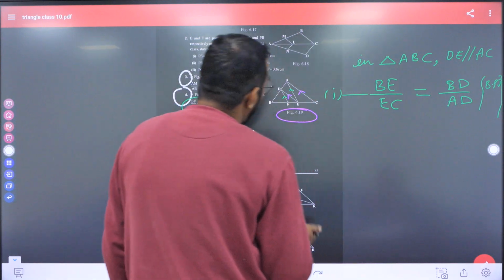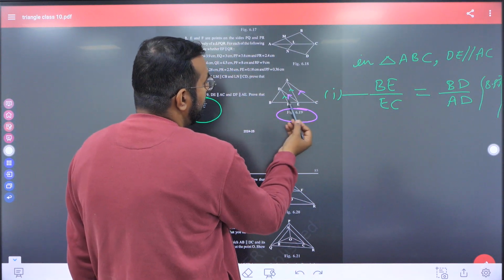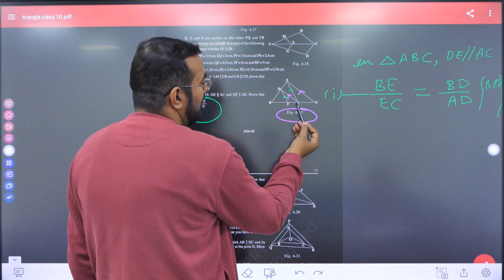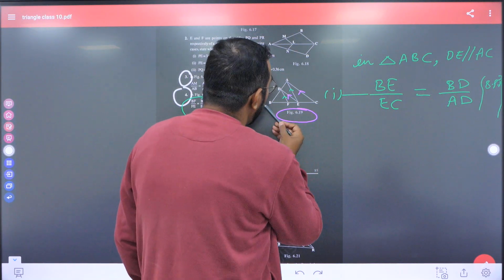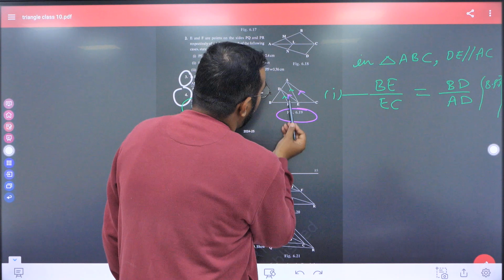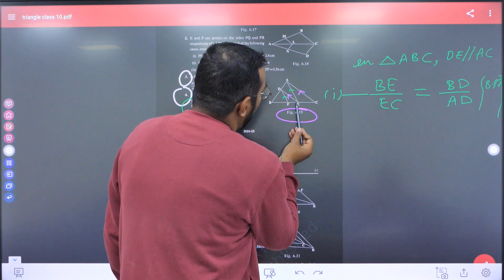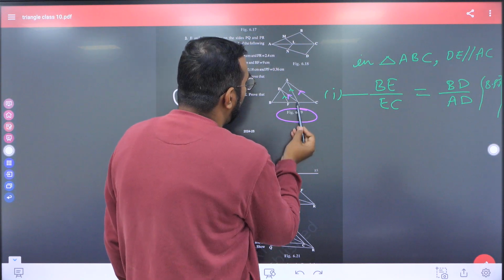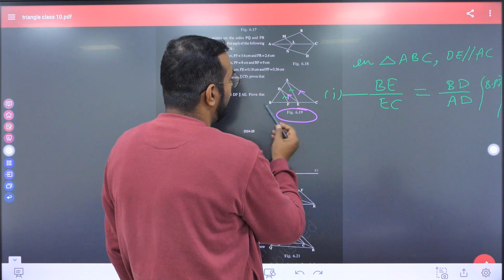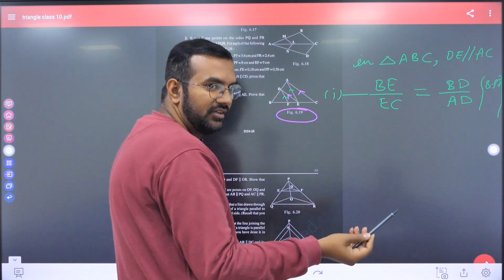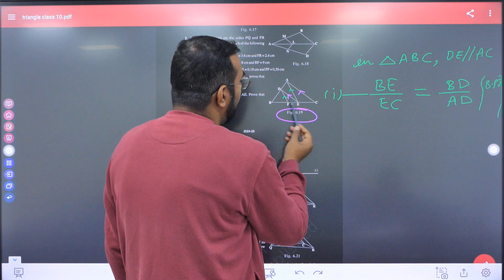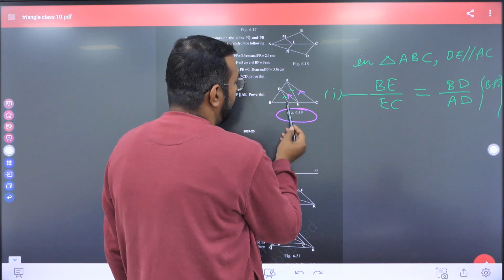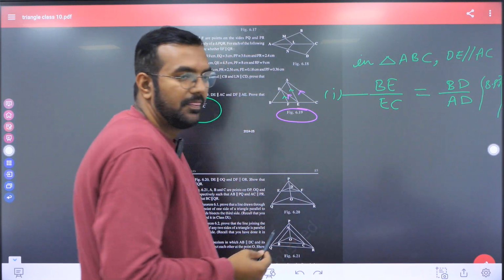So here we have to select the triangle ABE. This time we will select triangle ABE, na, because DF is parallel to AE, right? A is not part of triangle ABC, so we cannot take triangle ABC. AE is part of triangle ABE and DF is parallel to it.